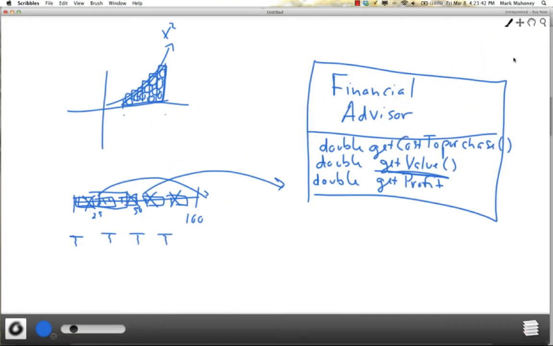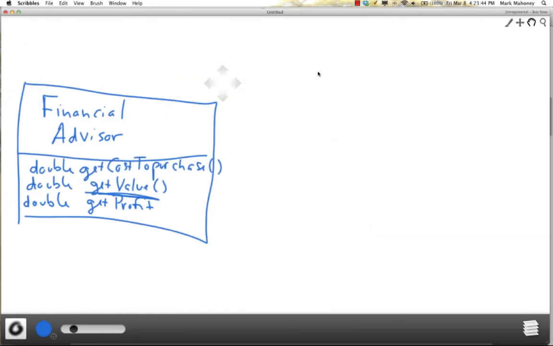Okay, so what I think these classes should look like is something more like this, where we have our financial advisor class.